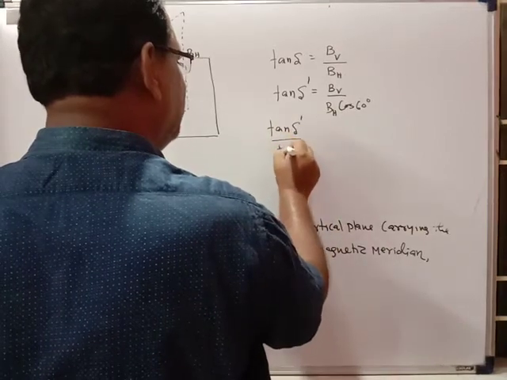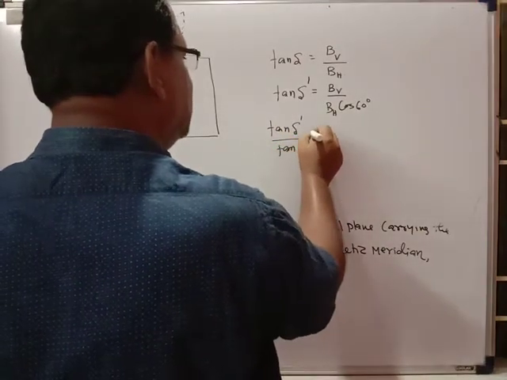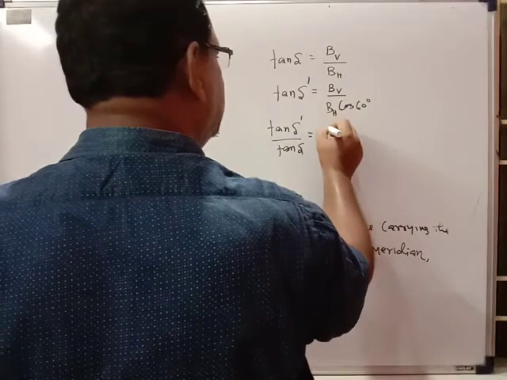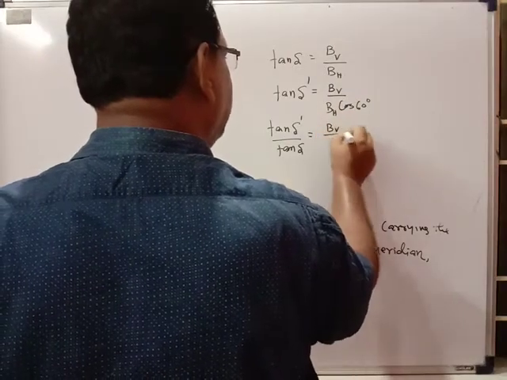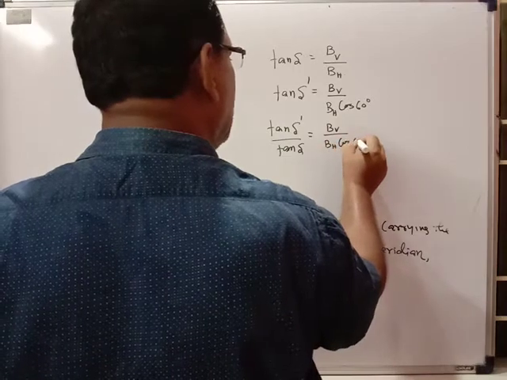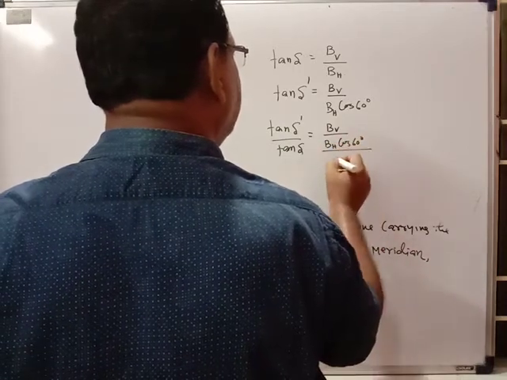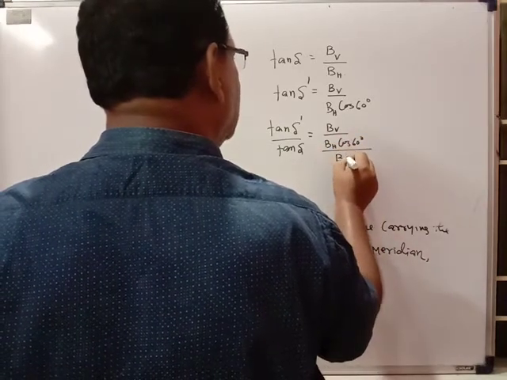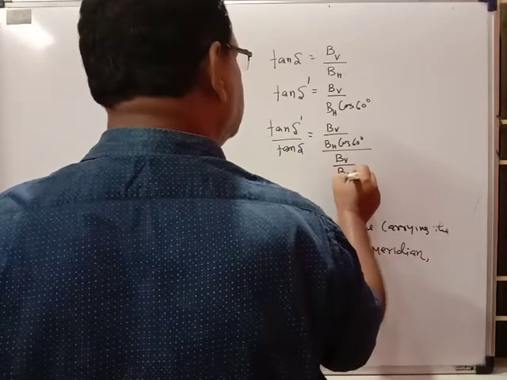And for the first case, tan delta dash by tan delta will be equal to BV by BH cos 60 degrees divided by BV upon BH.